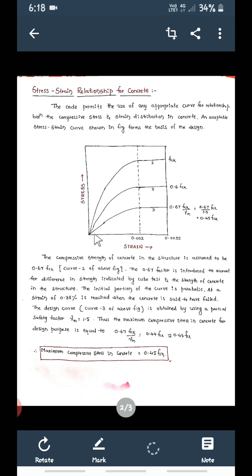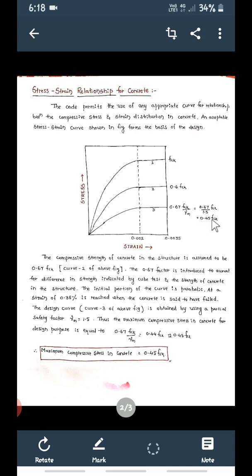So for design, this curve will be considered, which is equal to 0.67 fck divided by 1.5, that comes out to 0.45 fck. Therefore, the maximum compressive stress in the concrete at the time of failure is equal to 0.45 times fck.